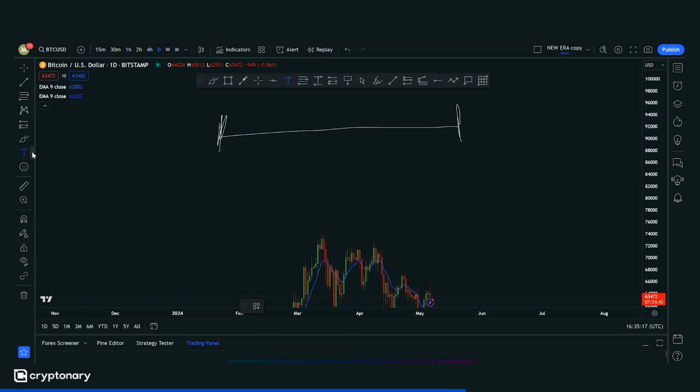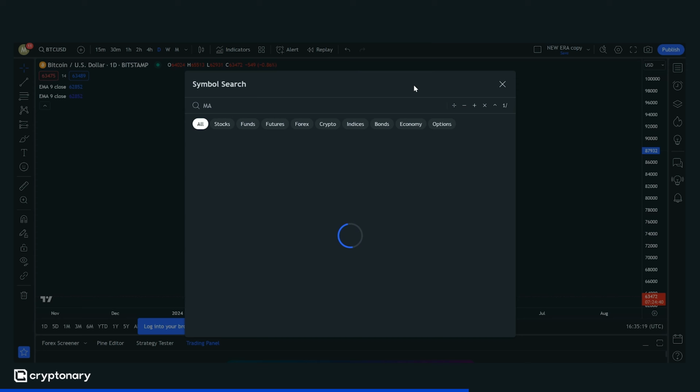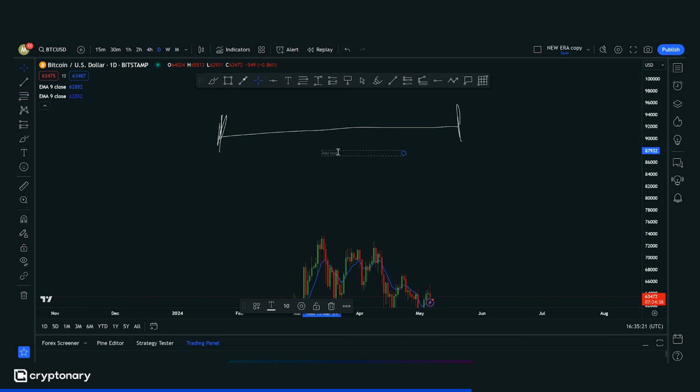And this is the SMA. Let me make that bigger. So this is the simple. Think simple as just straightforward. The simple moving average gives equal value to each day.